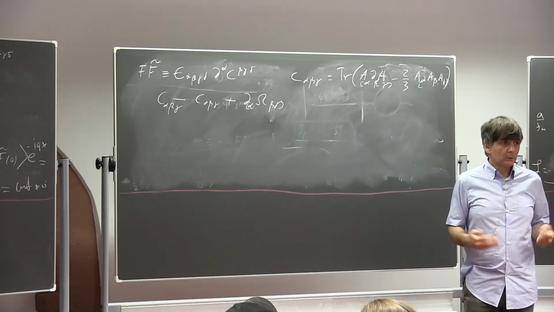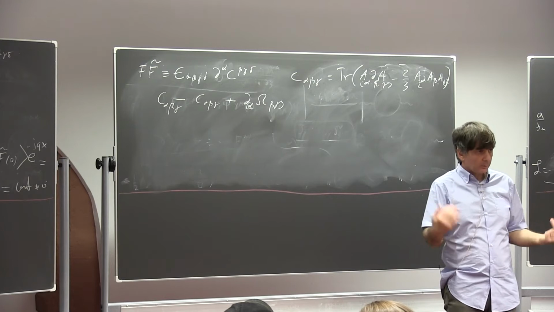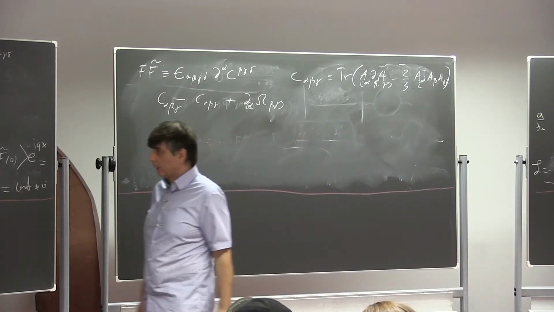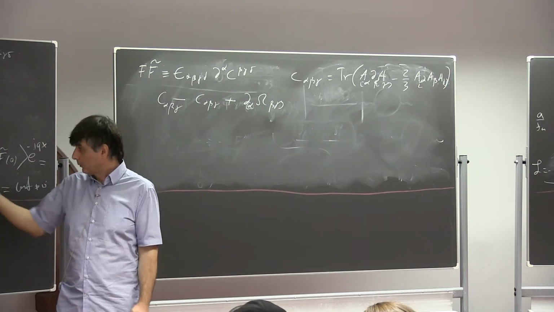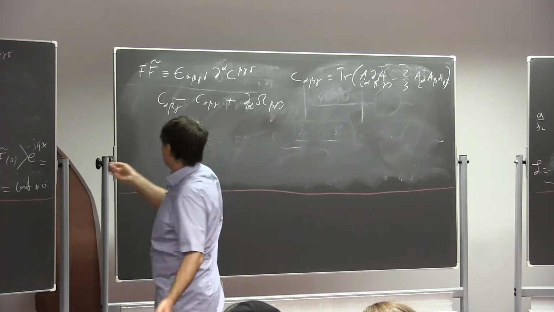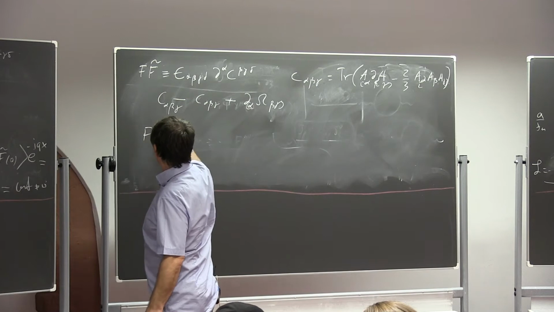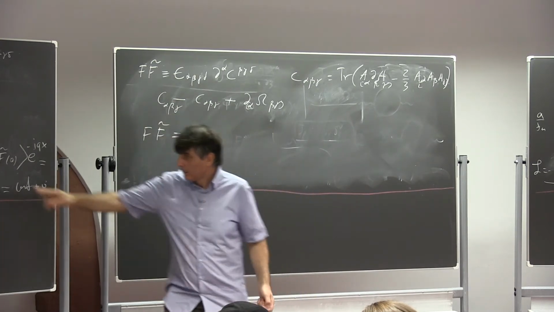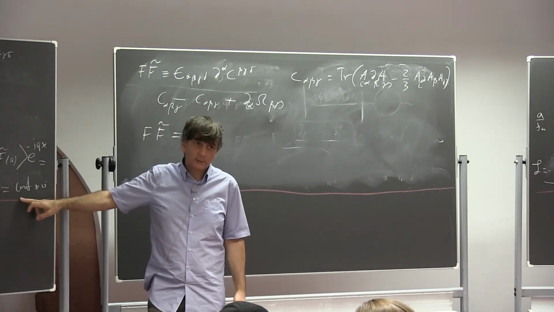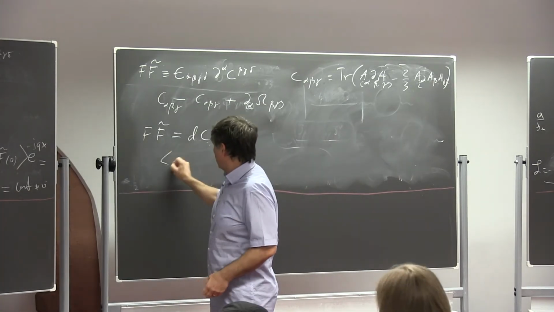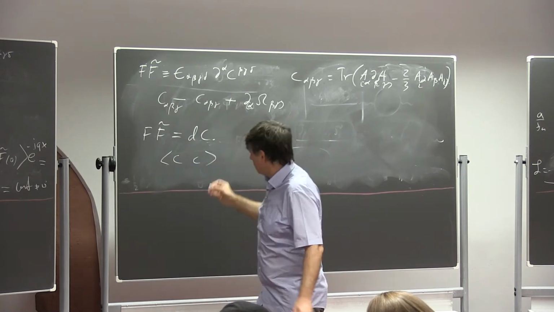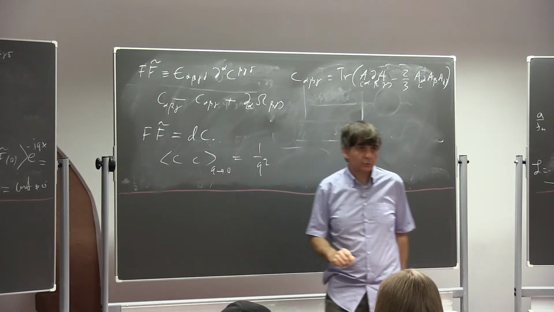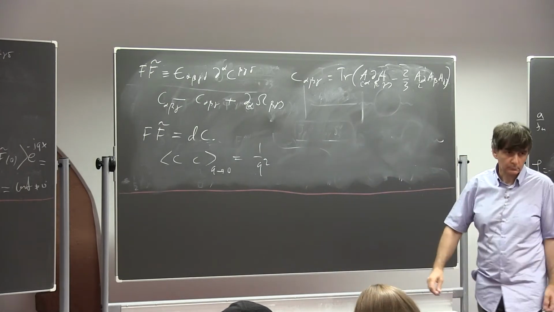So let's summarize what Bob knows. Bob knows that there is a correlator. In other words, you see immediately that since F F dual is d of C, the derivative of C, the fact that this correlator is constant means that the analogous correlator of C has a pole at q squared equals 0.